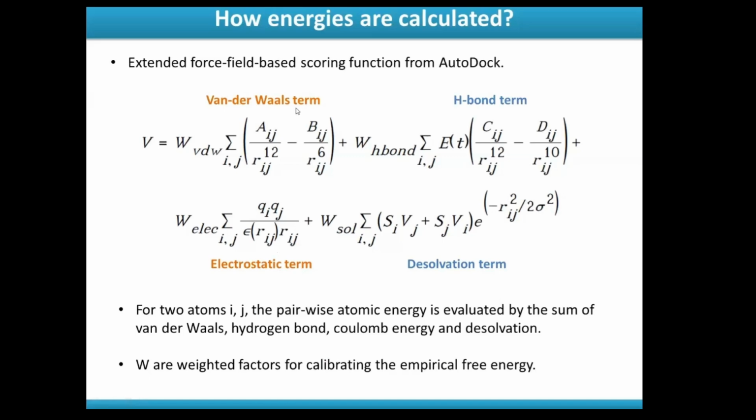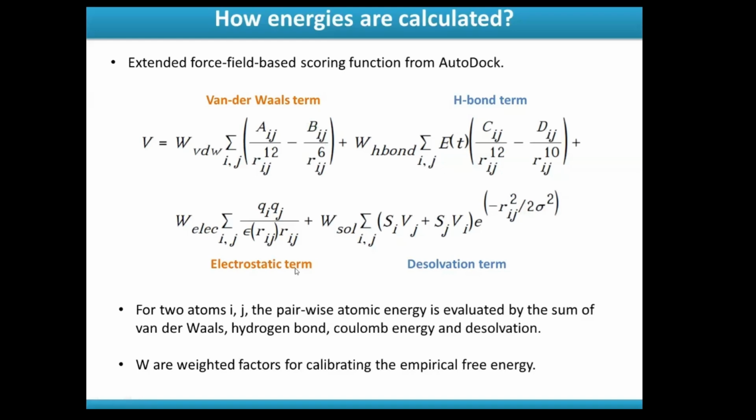So van der Waals is represented by the 12-6 potential, that is the Lennard Jones potential. So this is the equation to measure that. It basically contains one repulsive term and one attractive term, right? That means when two atoms are close enough, what is the optimal distance at which they would like to stay. So basically this equation represents that form.